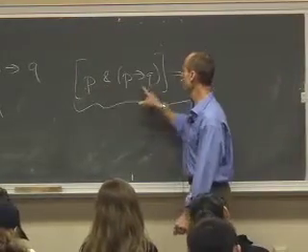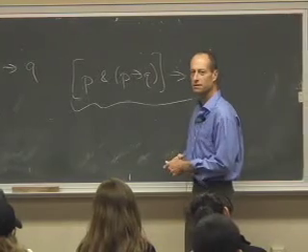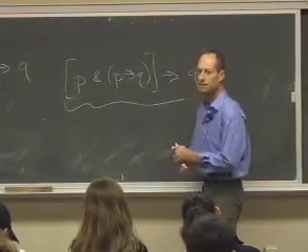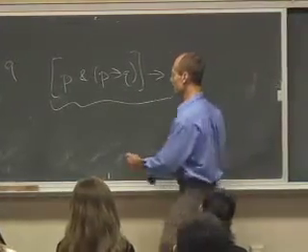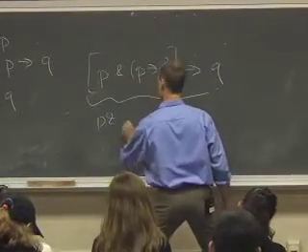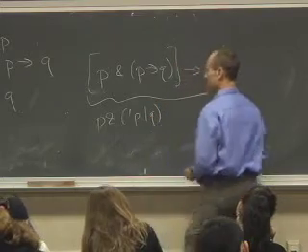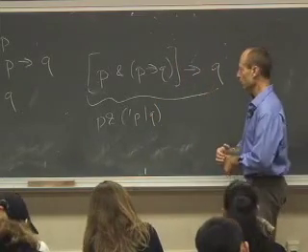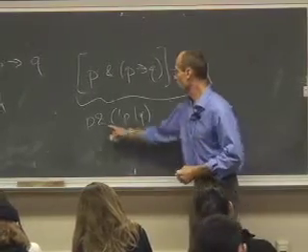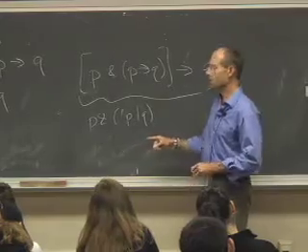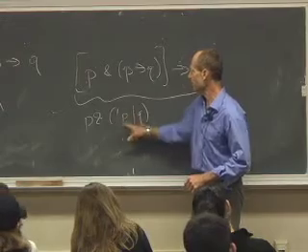Well, P and, sorry, P and if P then Q. Sorry, I said it wrong. So this is P and (not P or Q). Is the not P going to help the truth value at all?